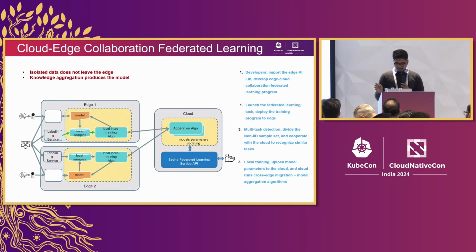Basically, what this does is it divides these non-IID sample sets, meaning non-independent and identically distributed sample sets. All the tasks that are similar will be grouped together and executed together, firstly for better accuracy. And this is also important because it will help in reducing the resource usage.